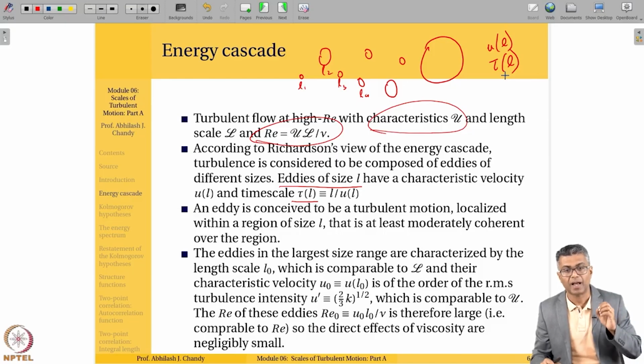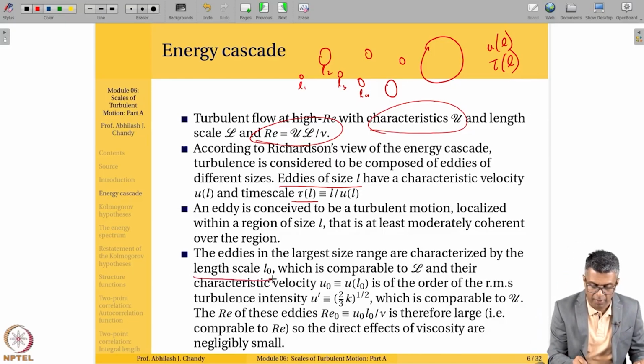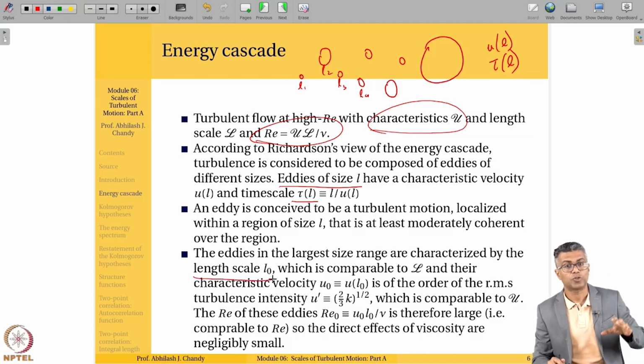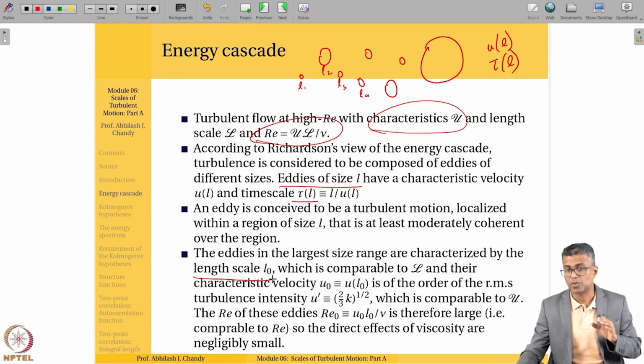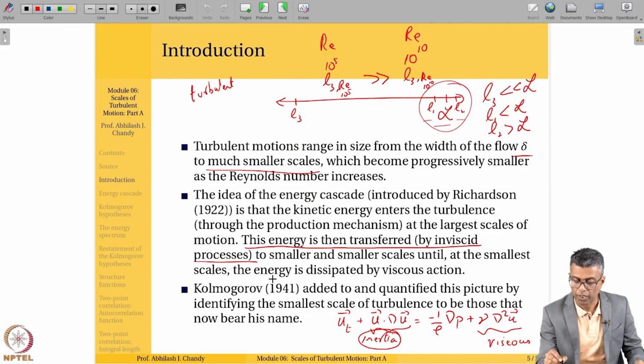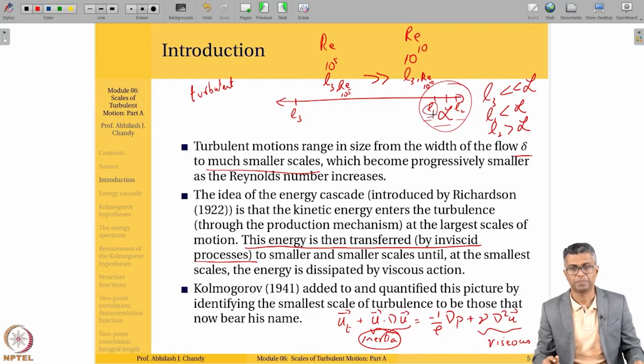Now, the eddies in the largest size range, we can characterize by a length scale L0. So this is at the largest length scale. Now this is comparable to L, very similar to what I wrote as L1 here.